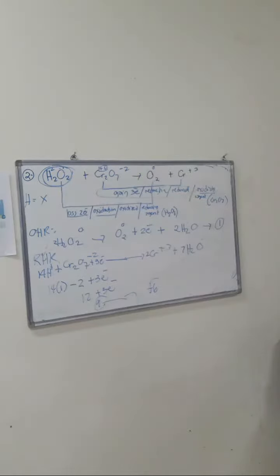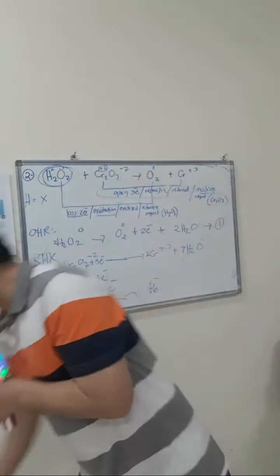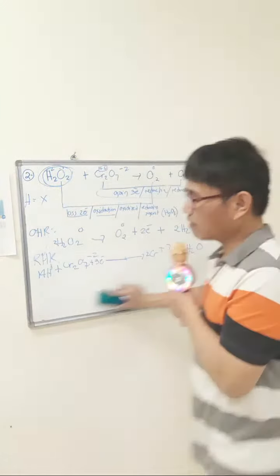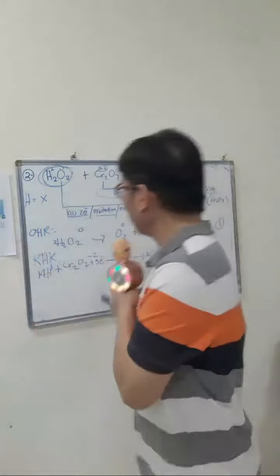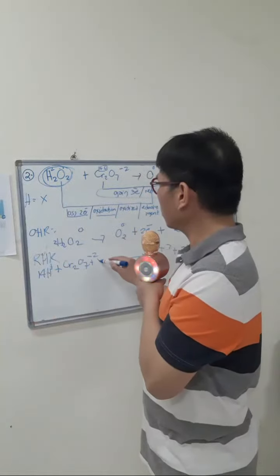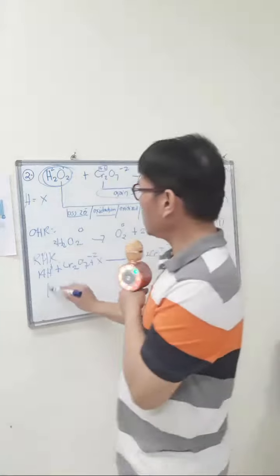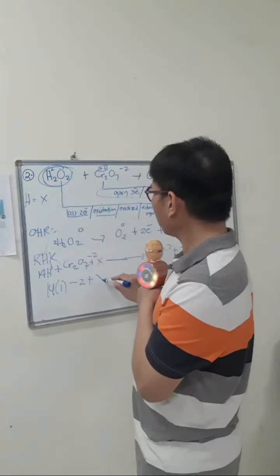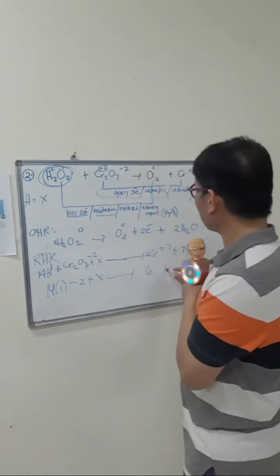So we need to do algebraically, remove your electrons, right? And put that as an X. Okay, like that, X. Then 14 times 1, okay, negative 2 plus X is equals to 6 plus 0.